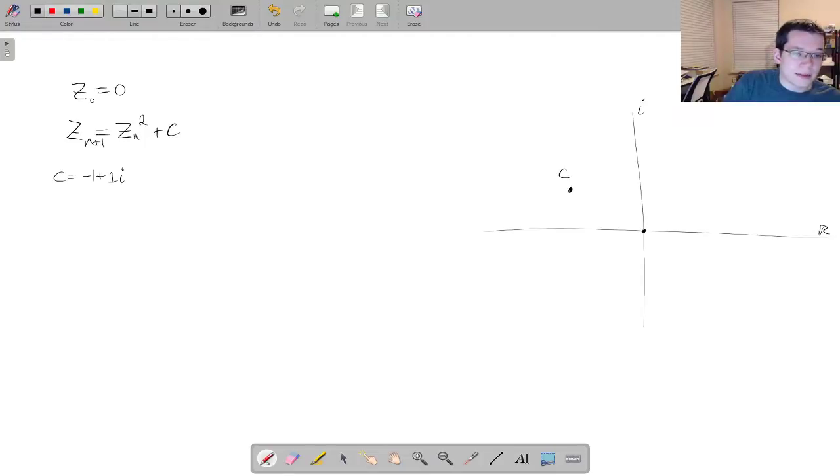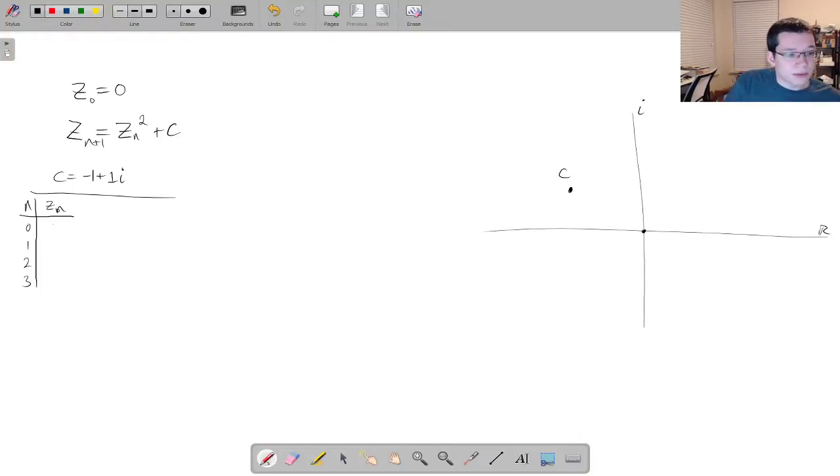So if we take c, for example, this will be our z_n column, and this will be our n. 0, 1, 2, 3. We're not going to do a ton of them because they take a while.